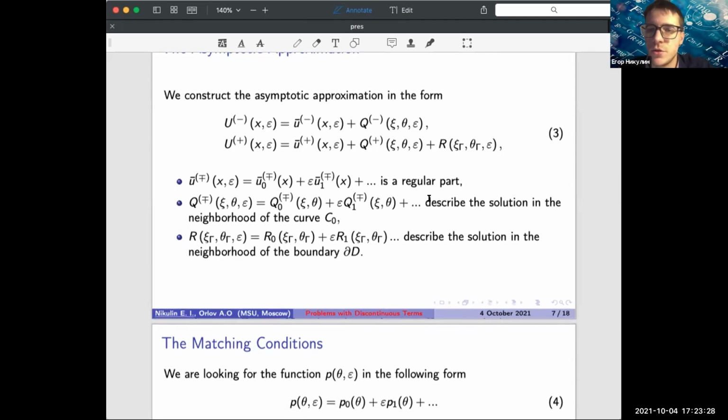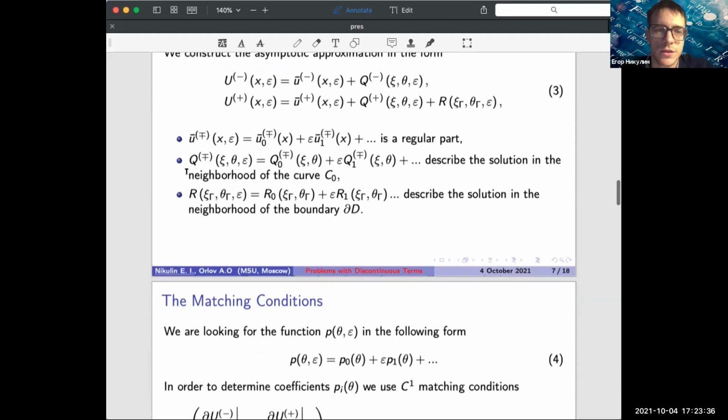The functions q describe the solution in the neighborhood of the curve C0, and the functions R describe the solution in the neighborhood of the boundary delta D. Here we use the stretched variable psi gamma.